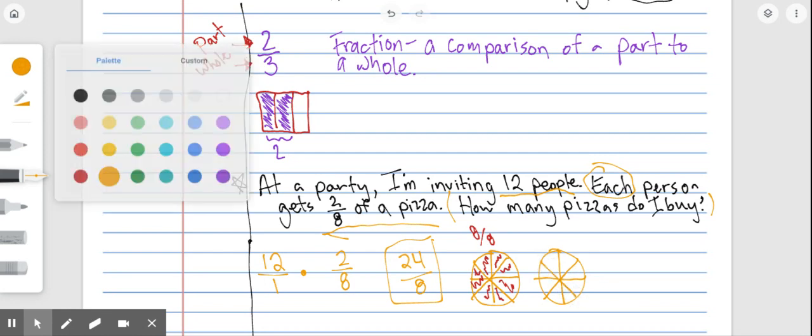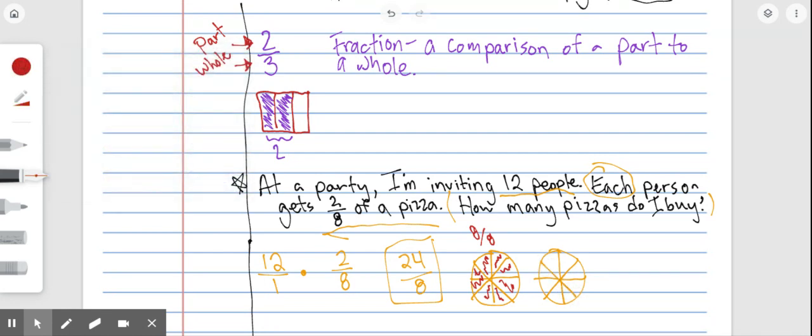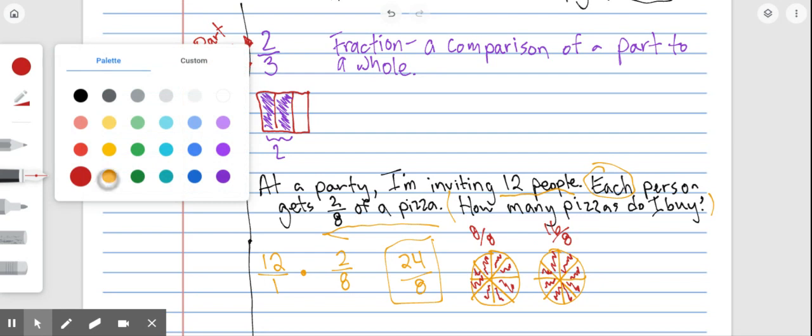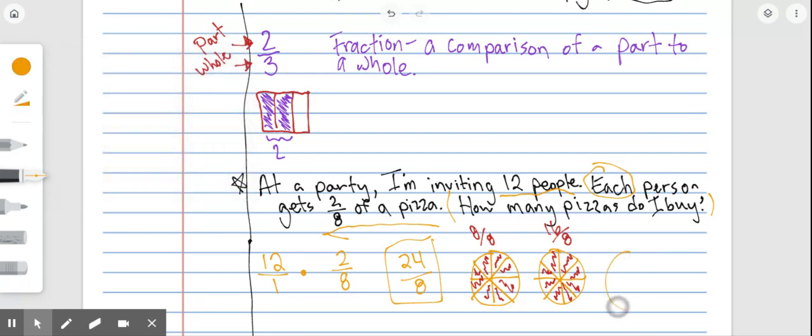Okay. Now we left off at 8, so we're going to continue. 9, 10, 11, 12, 13, 14, 15, 16. So this is 16/8 for 2 pizzas. All right, and then the third pizza. Looks like we're getting pretty close, so we might be done on this one. Let's find out.